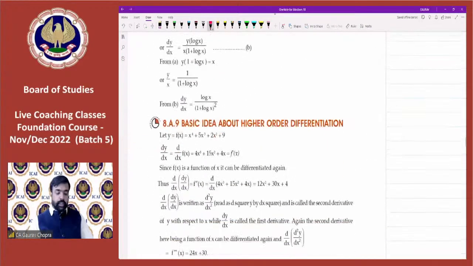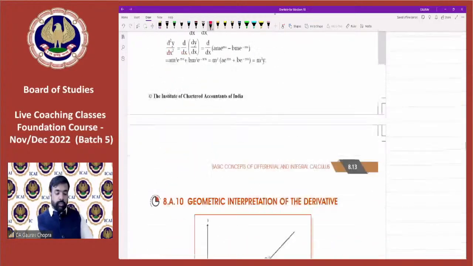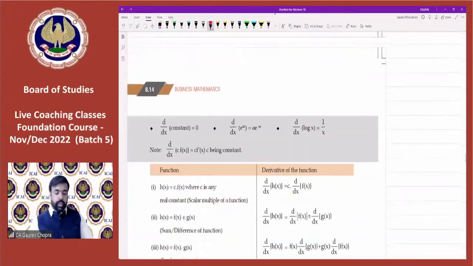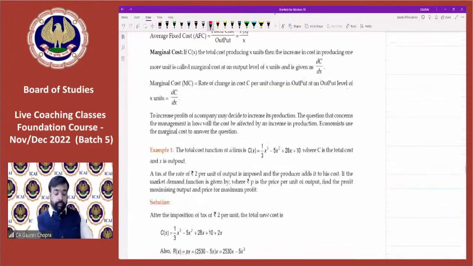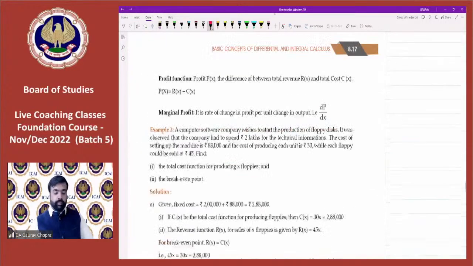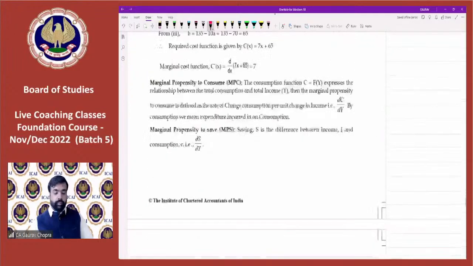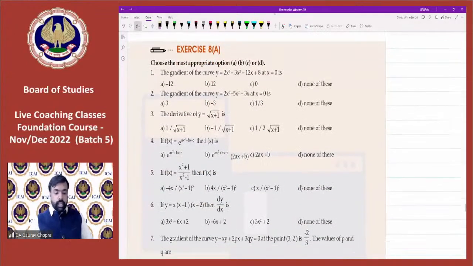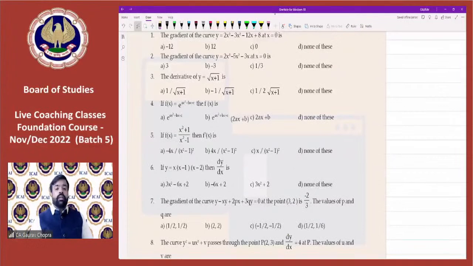So now let us try some questions from the exercise. Now the exercise is having all variety as mixed. So that is why we will pick and choose those questions which we have covered today.